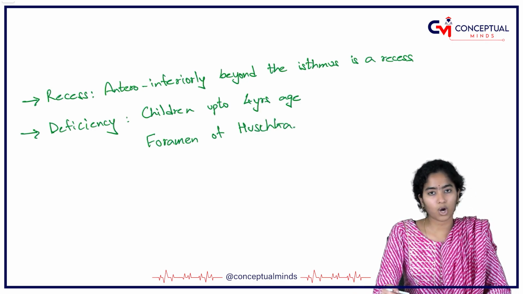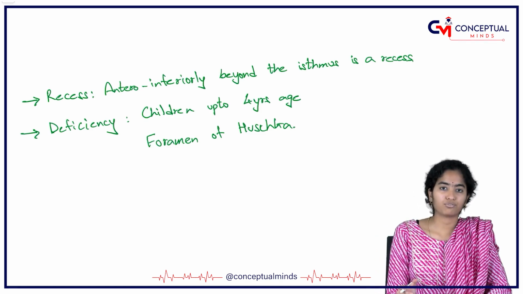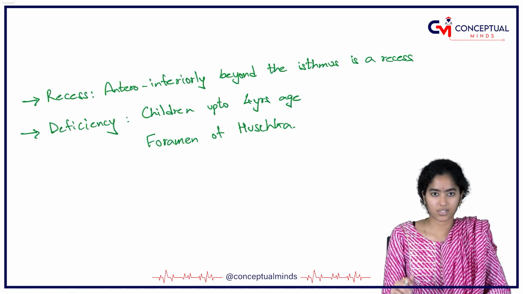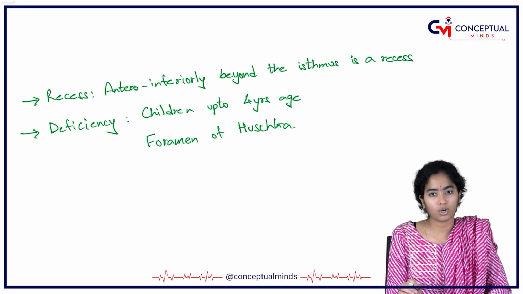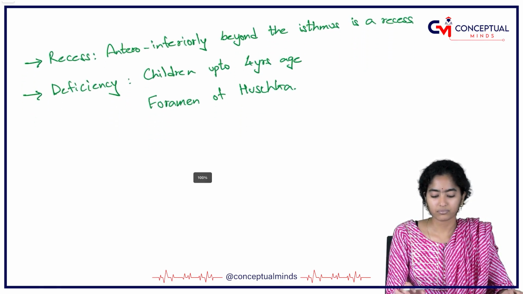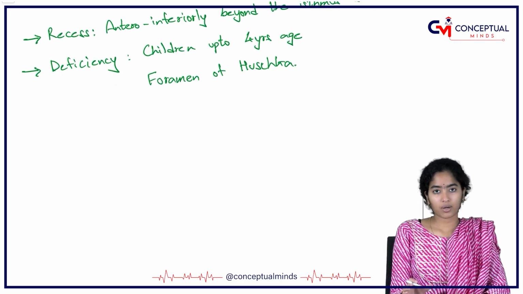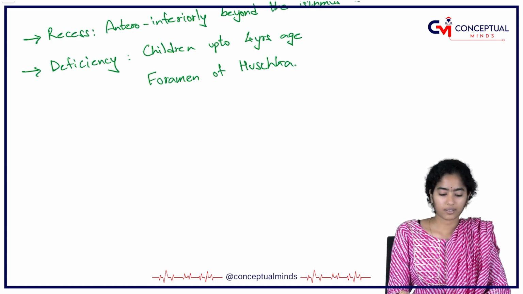And why is this important? It can act as a source of communication of infections between the parotid gland and the external auditory canal and vice versa. That makes this deficiency important, that is the foramen of Huschke. This is about the cartilaginous part and the bony part of the external auditory canal.